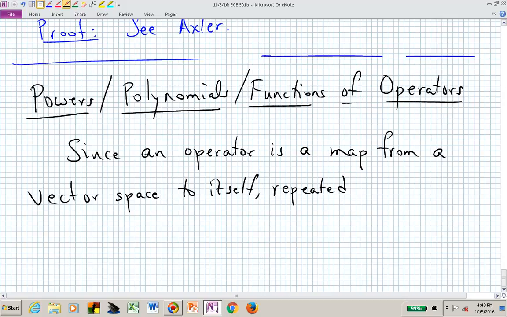We're always going to get mapped back into the same vector space. So repeated applications of this linear operator are well defined.